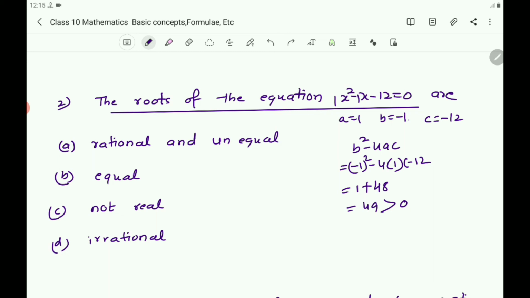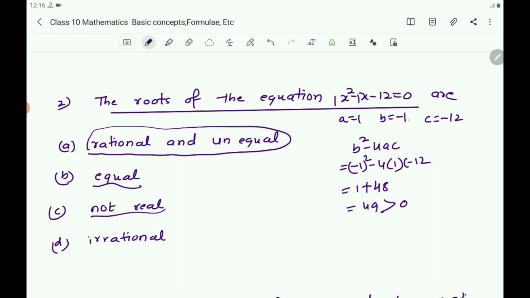So if b square minus 4ac is greater than 0, then the roots are real and unequal. Equal is not the answer, since they are not equal. Not real is not the answer.